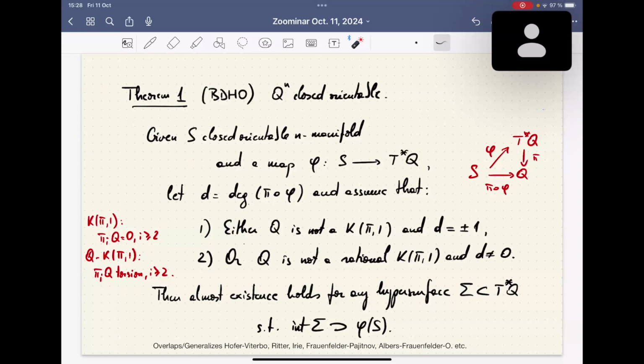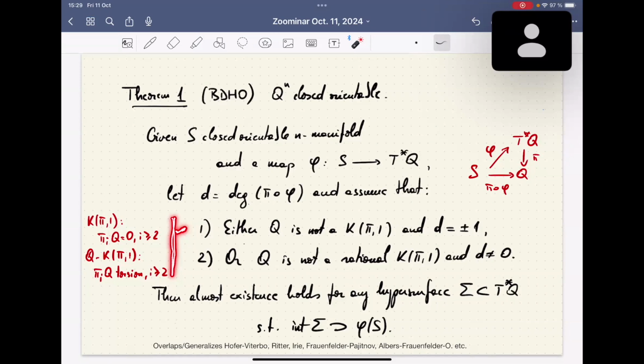So K(π,1) means that all higher homotopy groups are 0. This is what I wrote in red on the side. So not being a K(π,1) means that I have some higher homotopy. Being a rational K(π,1) means that all higher homotopy groups are torsion.